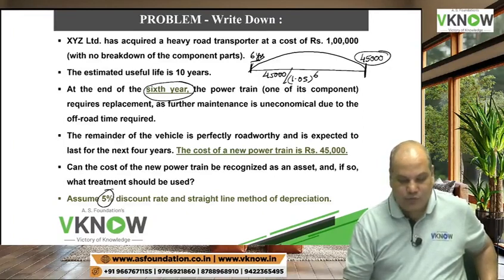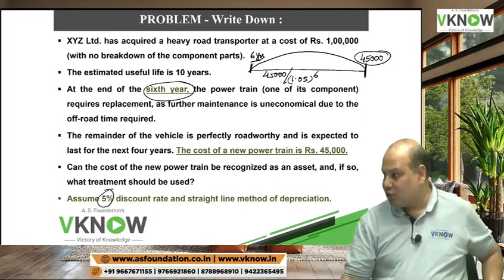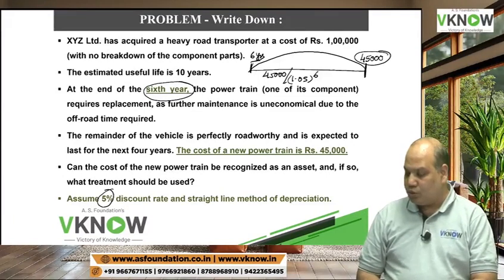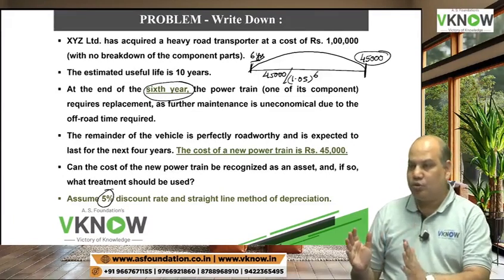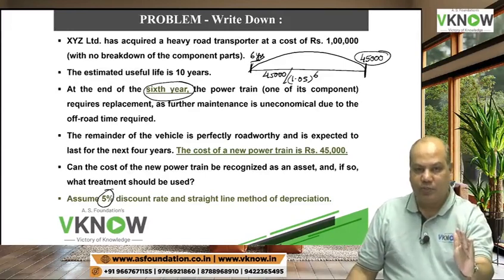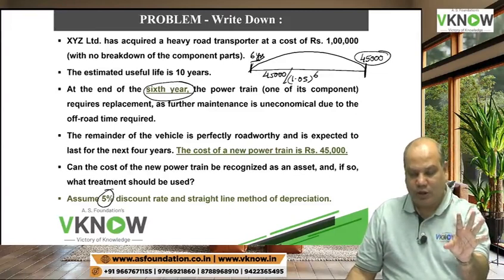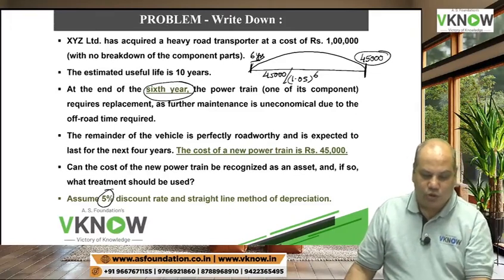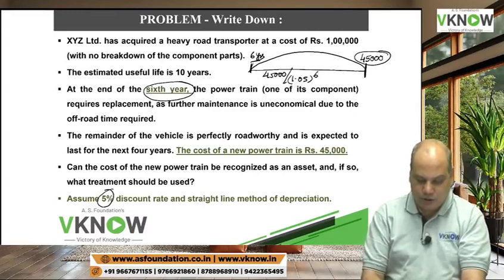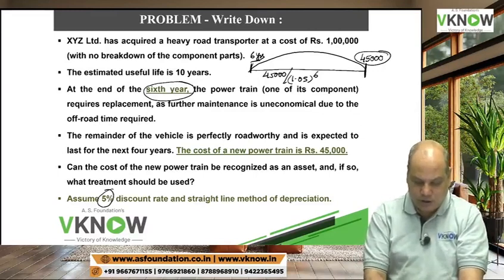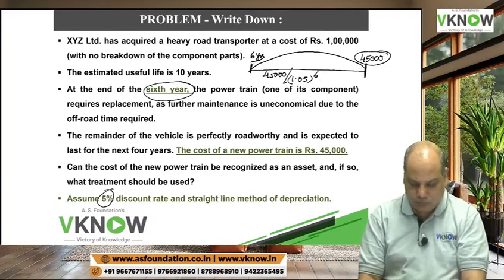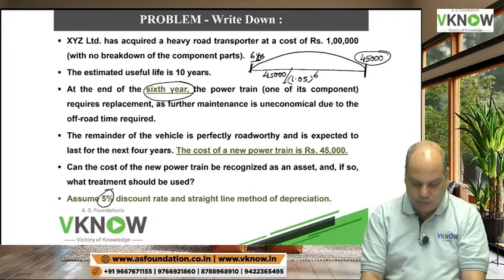Can any of you, the genius students of AS Foundation, tell me what the cost of the power train 6 years ago would have been? Take your calculator and try.